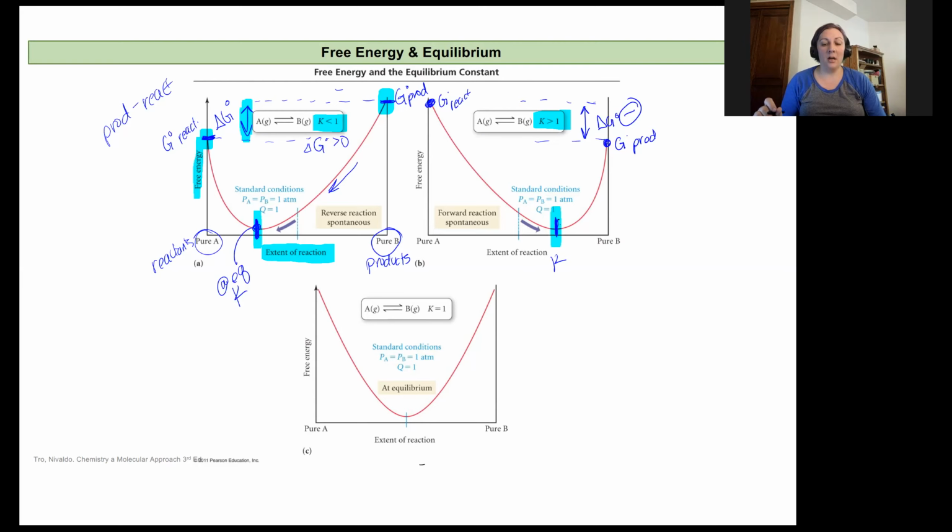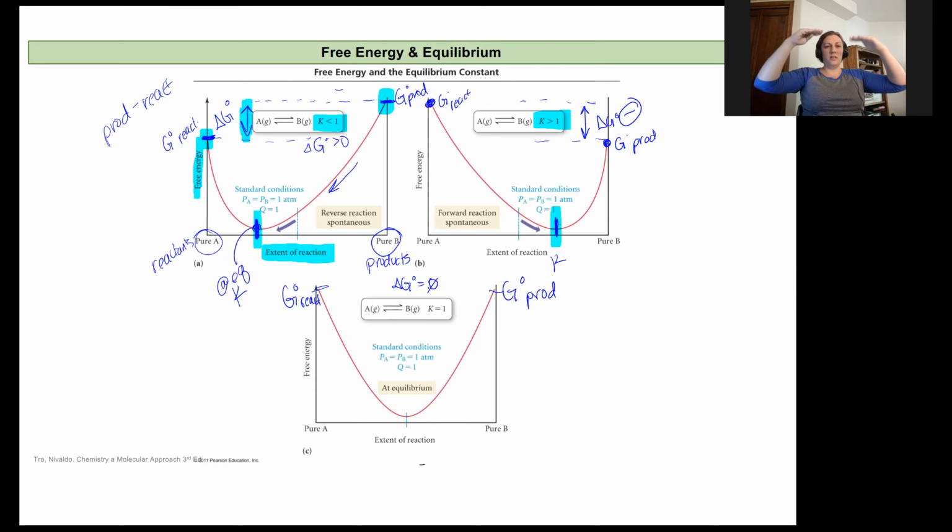Now, if our change in free energy is 0, that means we would have the same number of reactants and products. And that's our bottom graph right here. So here our change in free energy is 0. And so they're equal.